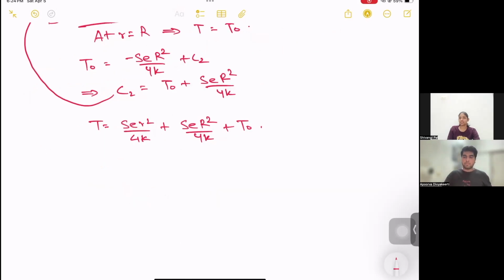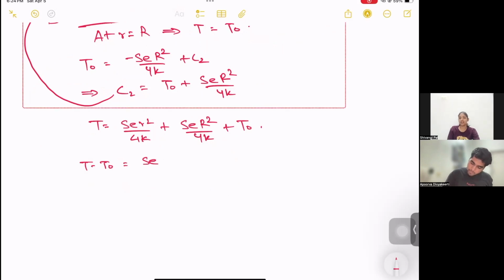We'll take T naught to the left hand side and we'll take SC capital R square by 4k common. So after substituting and rearranging the equation, what we'll get is T minus T naught equal to SC capital R square by 4k into bracket 1 minus small r by capital R to the whole square.